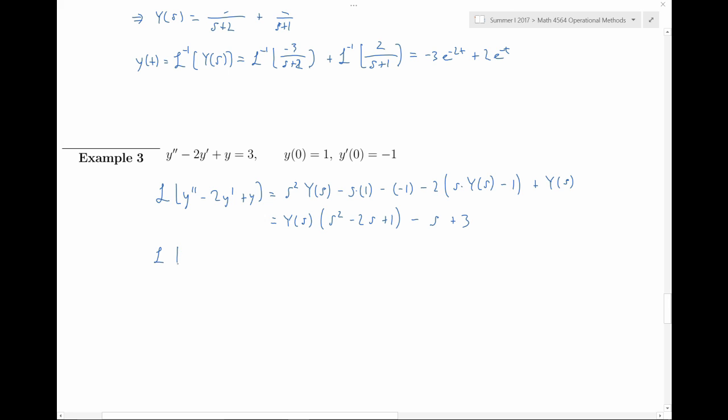The Laplace transform of 3 is simply 3 over s.